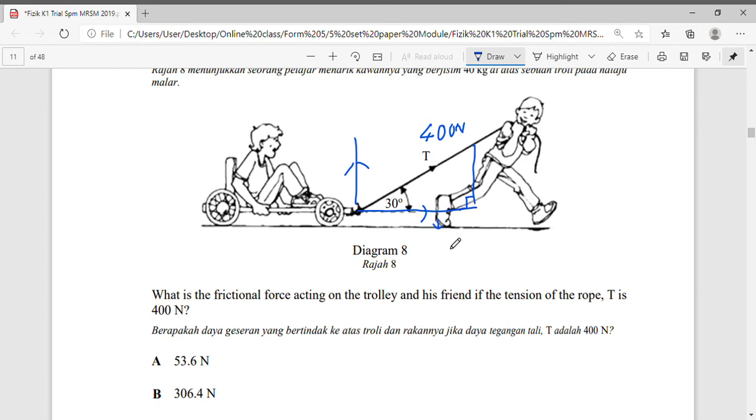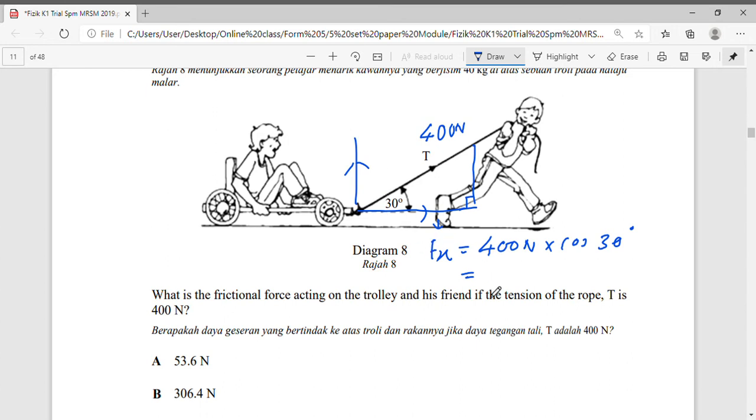You also learn this in math. This one we're going to use cos, because cos is adjacent over hypotenuse. To find Fx on the horizontal, we use 400 Newton times cos 30.